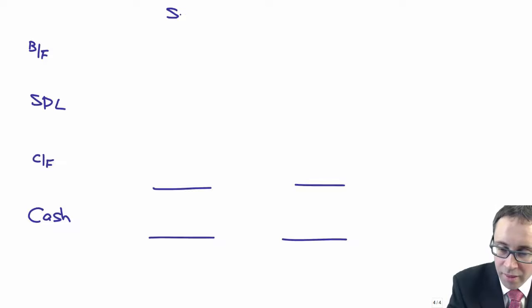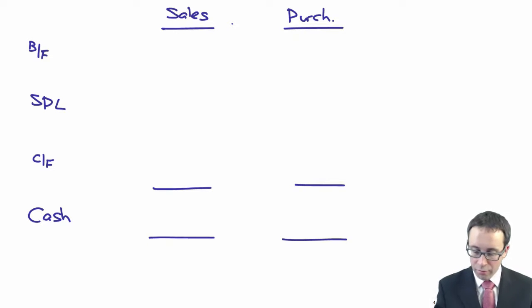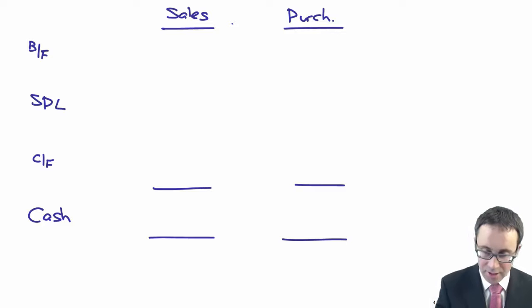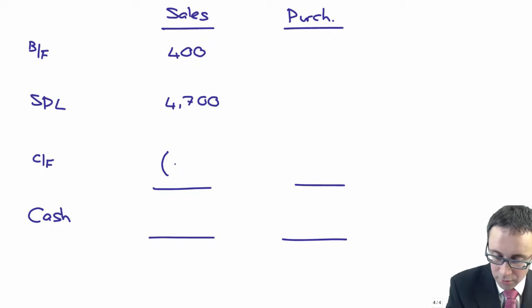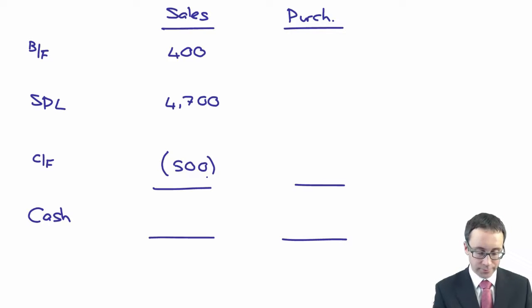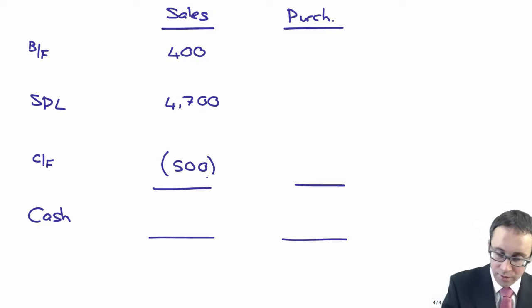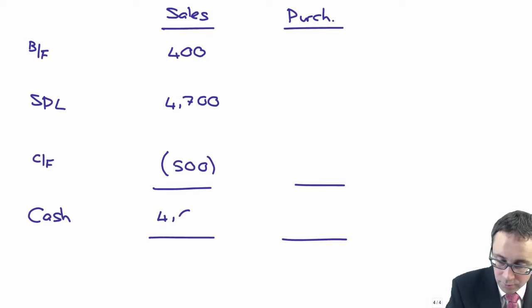Because we can think about your sales and about your purchases. The brought forward figure related to your sales was your receivable at 400. The sales figure for the year was 4,700, and you can deduct the closing balance of 500. That gives you 600.